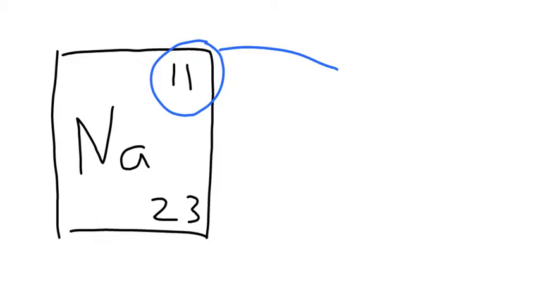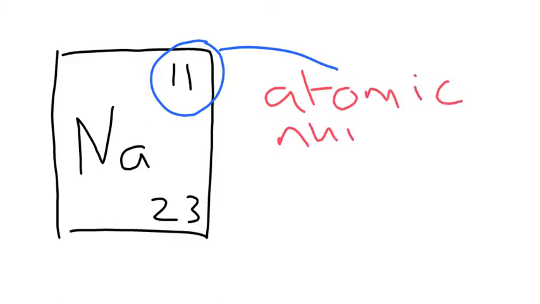In the previous video we looked at the numbers found on the periodic table to help calculate different subatomic particles. One of the numbers we looked at, the smaller of the two numbers, is called the atomic number. The atomic number is the number of positive protons found inside the nucleus.